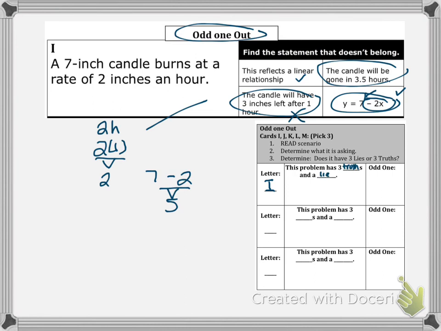Because 5 inches. So odd one out is the 3 inches. 3 inches is not equal to 5 inches. Okay. So let's look at our next one.